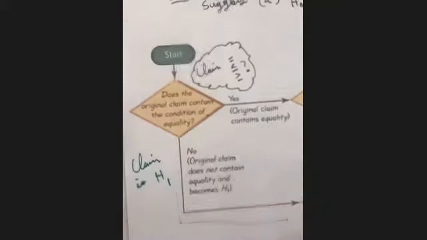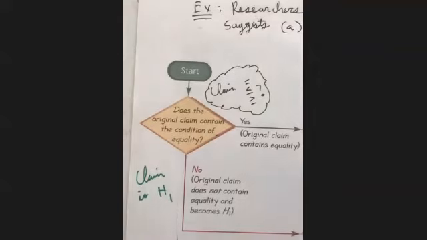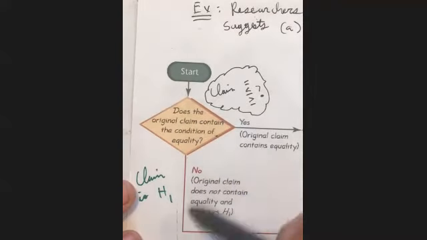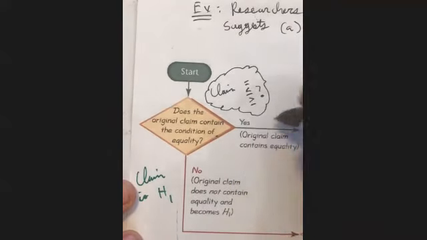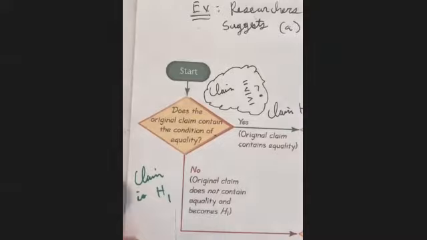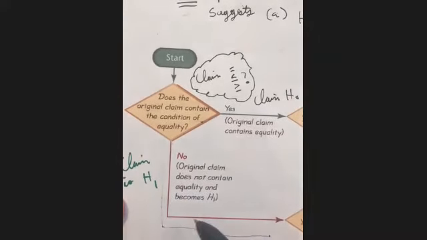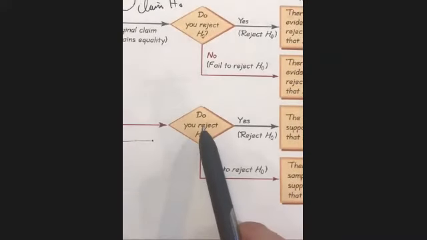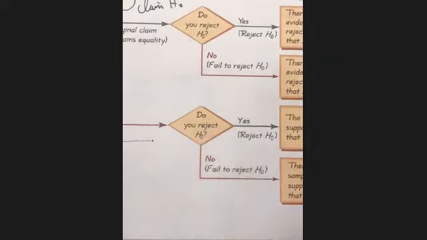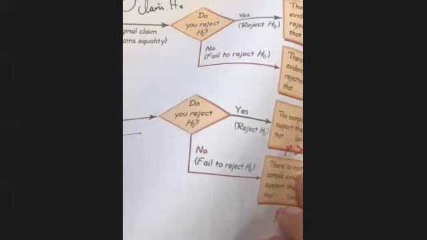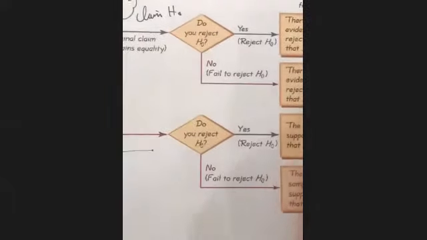So again, the first question is, is the claim H0 or H1? You can think of the top branch as the claim is H0, and the bottom one is the claim is H1. Our claim for our problem was H1, so we go down this way. Then the question is, do we reject the null hypothesis? The answer was yes.